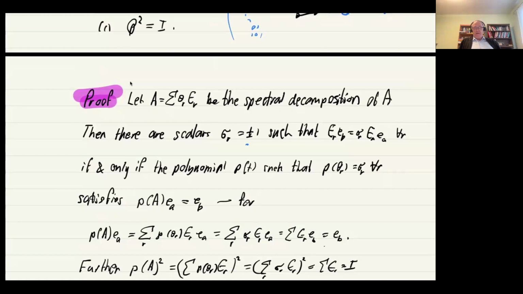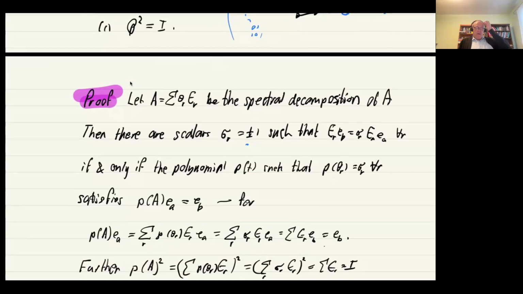So we've got these scalars sigma_r, one for each eigenvalue, and I can define a polynomial p(t) which takes value sigma_r on theta_r.